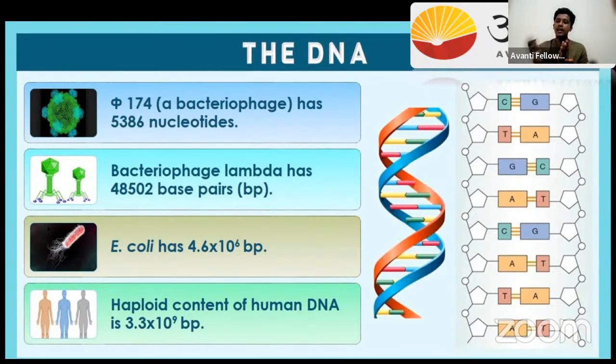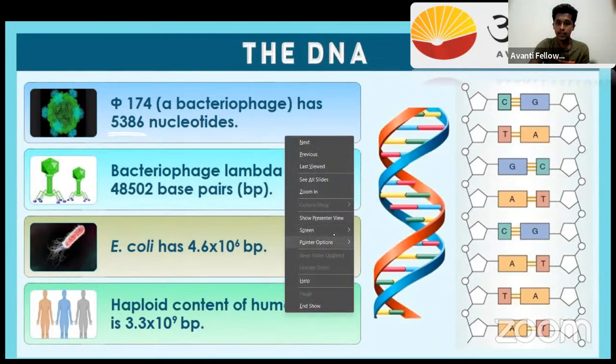So if you see the DNA, it is a very large molecule. Even if you take a simple organism like a bacteriophage, which is a virus, it has around 5,386 nucleotides, which is quite a large number for a virus of so small a size, right?